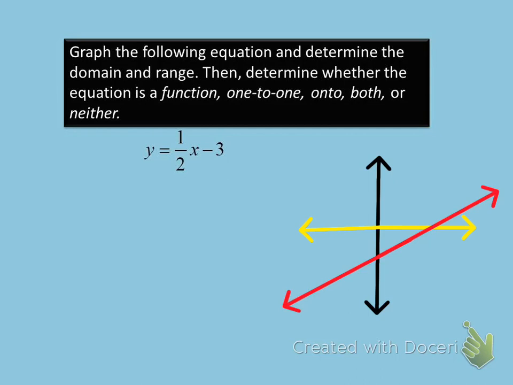Do you see that? Number 1, function. It's a function. It's a line. Most of these will be functions that you graph. Determine the domain and range. Now, that means your domain is your what?